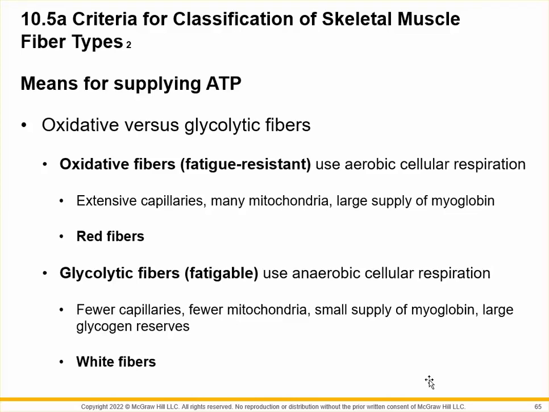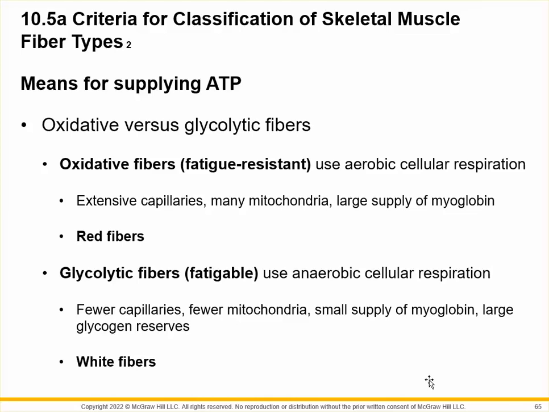Turkeys don't fly worth a damn, and when they do, they don't go very far. So their breast meat has to have a lot of glycolytic fibers because it's going to create a lot of power in a short burst of energy.